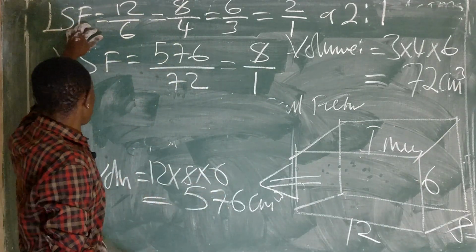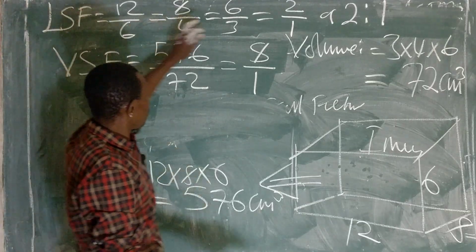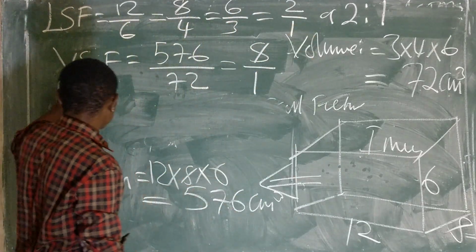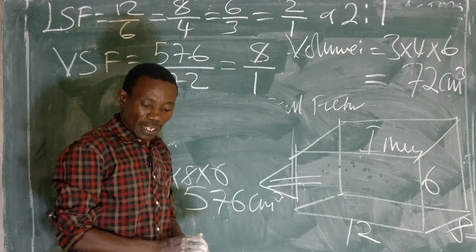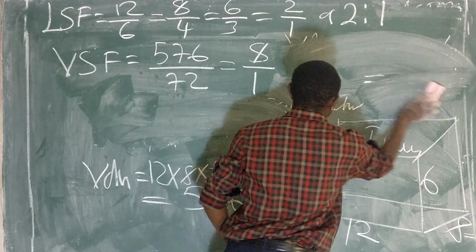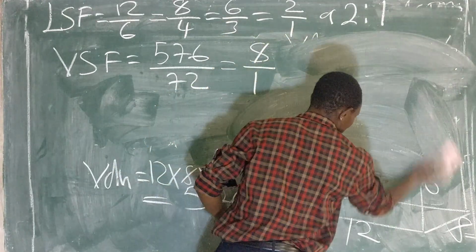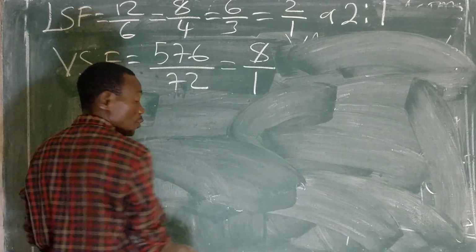So the ratio of corresponding sides of similar cuboids is 2 to 1. The ratio of the volumes is what? 8 to 1. Let us now compare, as we did with the areas in the previous video.